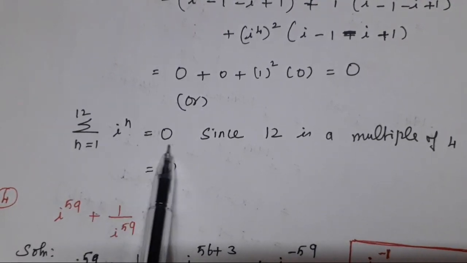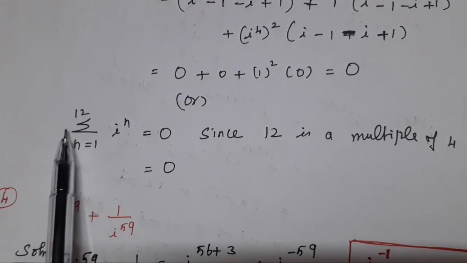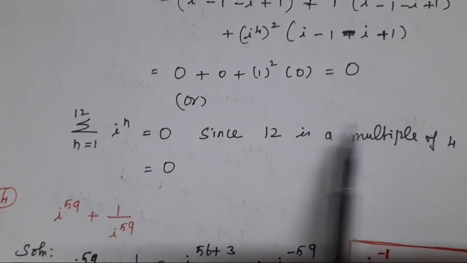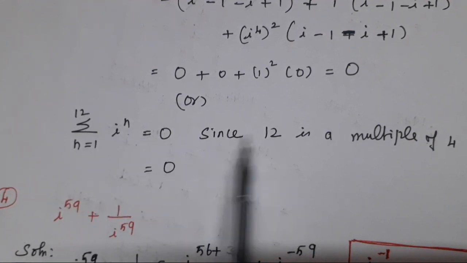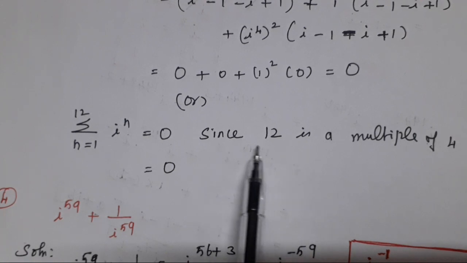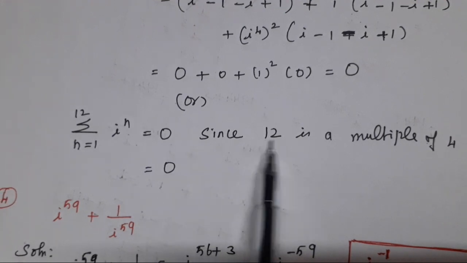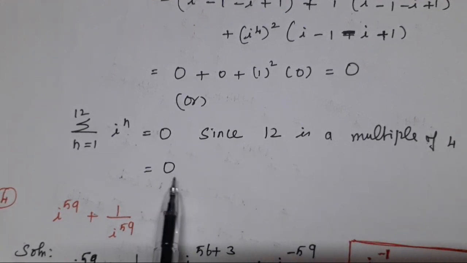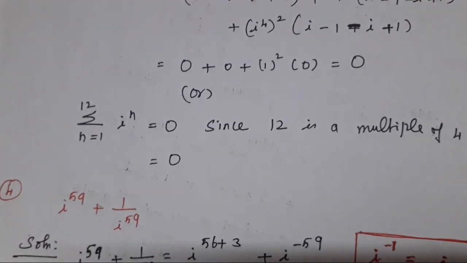Why do we simply put 0? Since 12 is a multiple of 4, the summation of i^n for n equal to 1 to 12 directly becomes 0. Either use the big step, which I taught for your understanding purpose, or take this step: i^n summation equals 0 since 12 is a multiple of 4. In a single step you finish the answer.